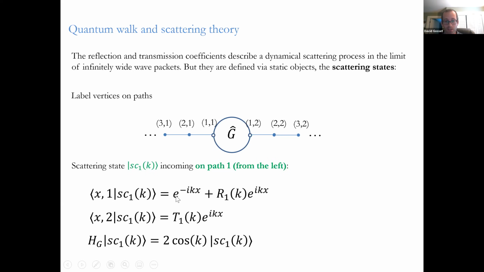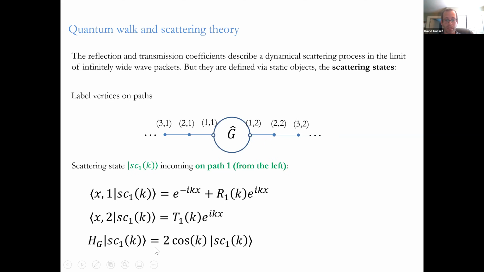This first equation says that on the left path, there should be a component that is incoming with momentum K, and a component that is reflected with reflection coefficient R1 of K. Here the subscript 1 is because this is the scattering state with subscript 1. The amplitude on the right path has only the transmitted component, outgoing with momentum K.